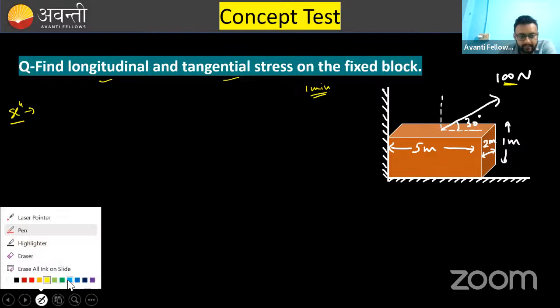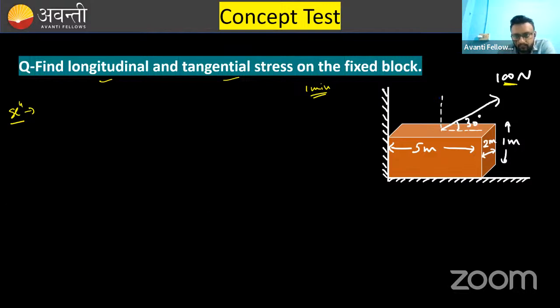What will be the two components? The two components will be: this component will be 100 sine 30, and this component will be 100 cos 30.